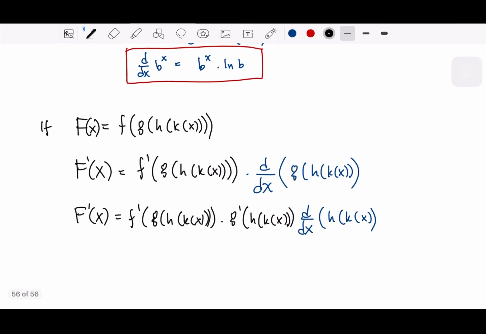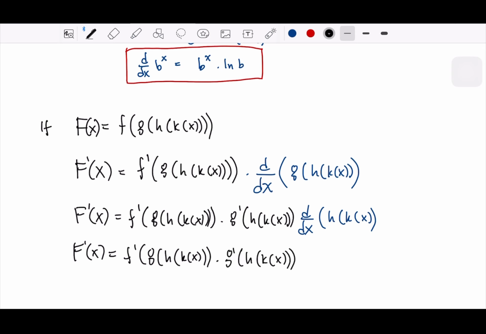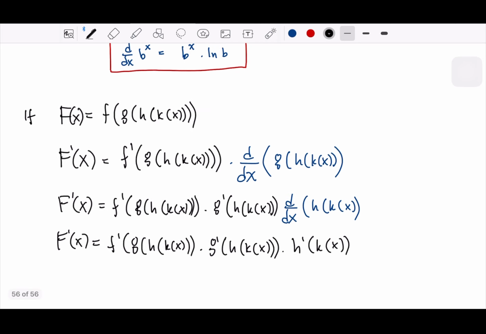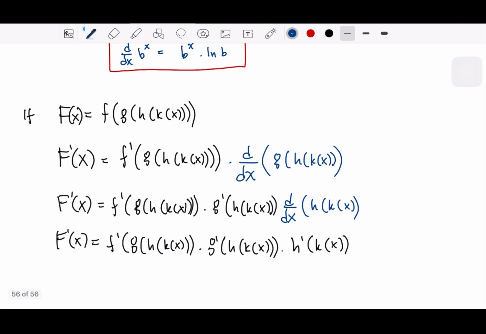And then again we can still write really long, but this is just to give you an idea of how we can solve this. And then I think we can end with k prime x.